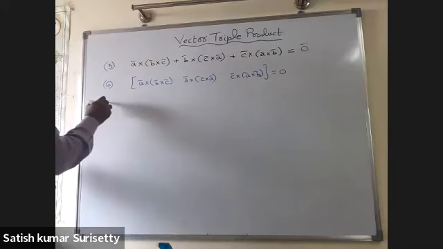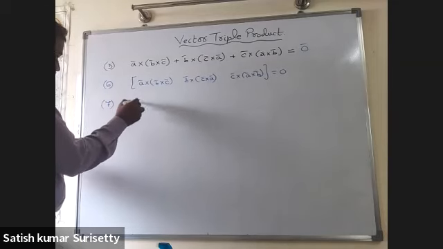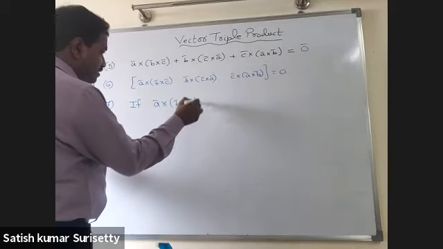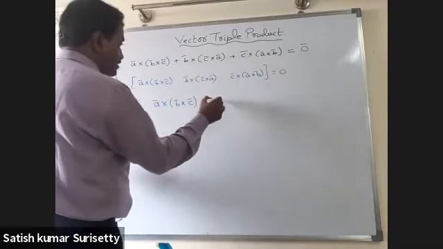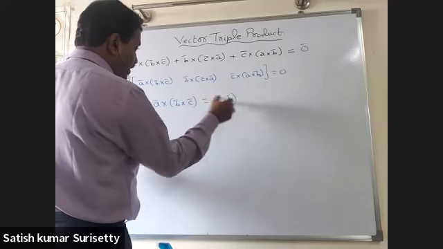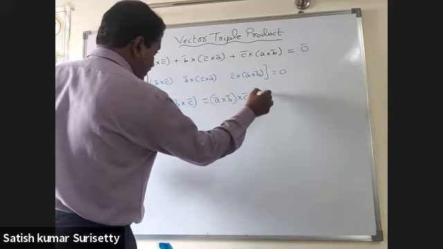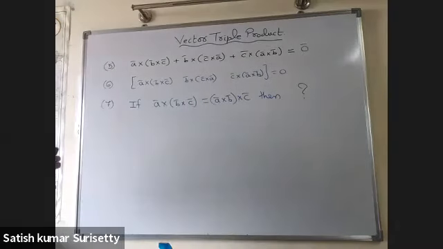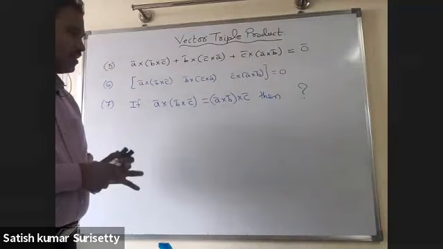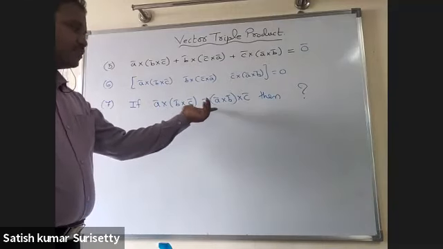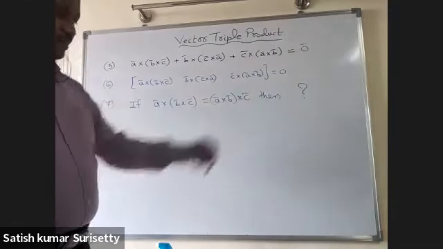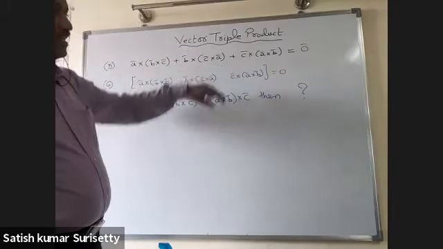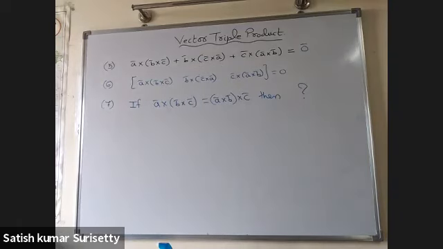Next. If A bar cross B bar cross C bar equals A bar cross B bar cross C bar, then can we conclude anything? In case these two are equal, what can we conclude? So write the definition of this linear combination, and then simplify and try to get some conclusion.